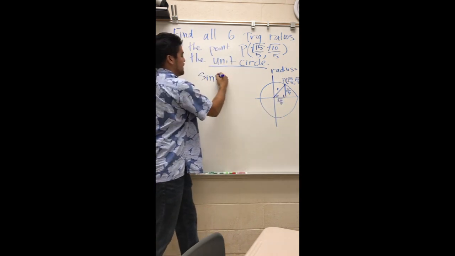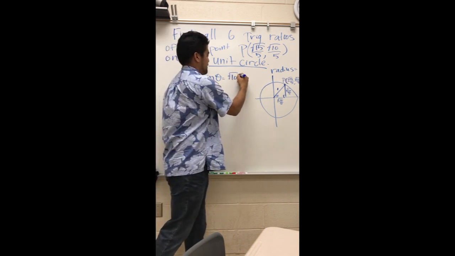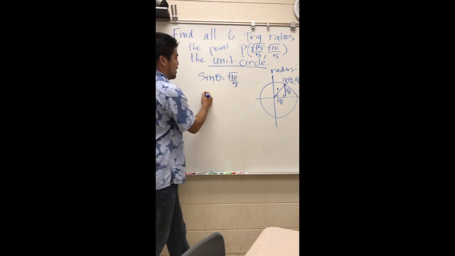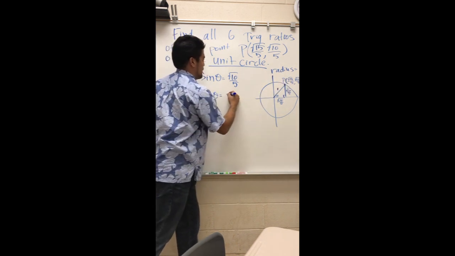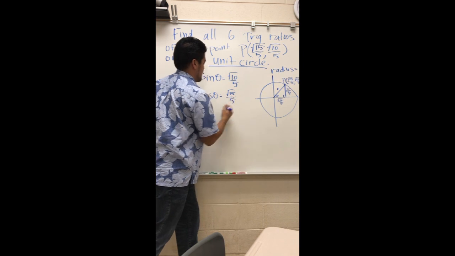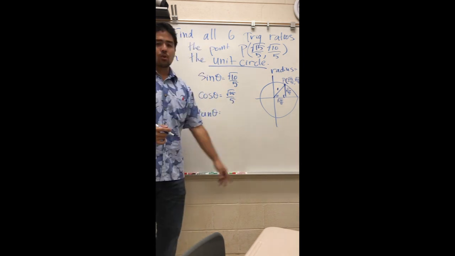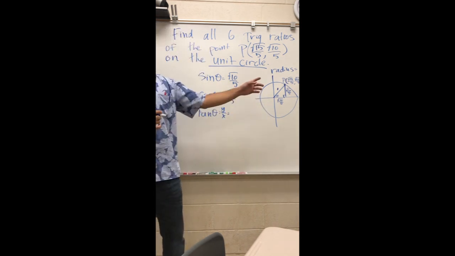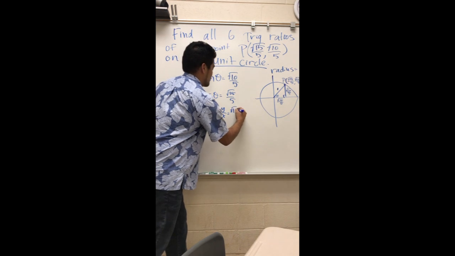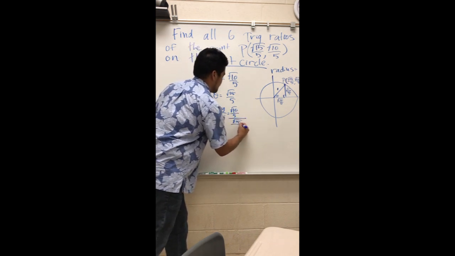Our sine of theta is equal to radical 10 over 5. Our cosine theta is equal to our x value, radical 15 over 5. And our tangent theta is equal to, of course, y over x, which is radical 10 over 5 divided by radical 15 over 5.